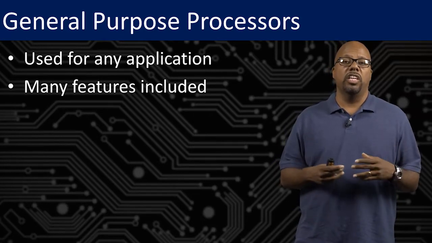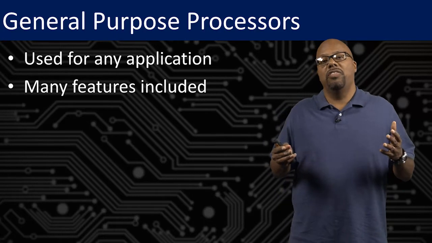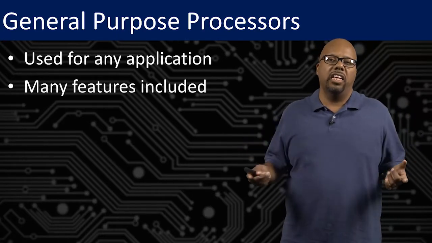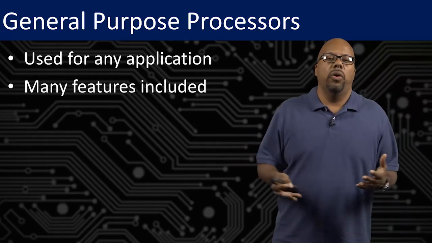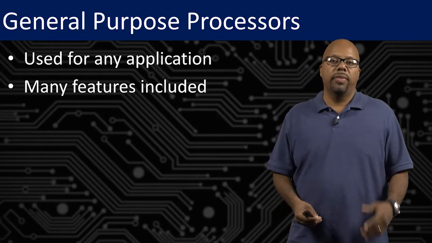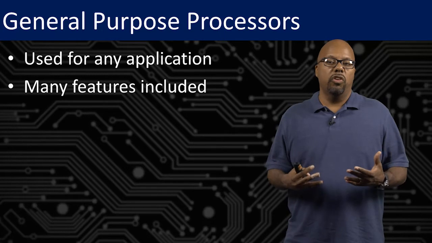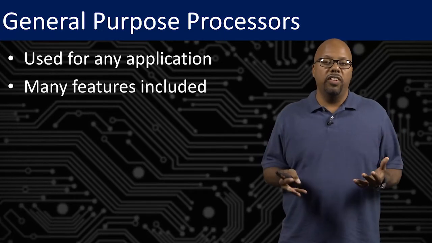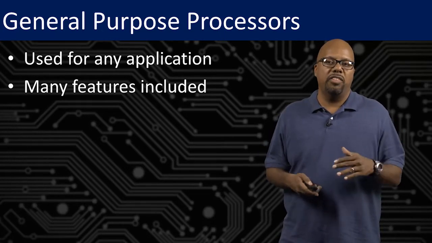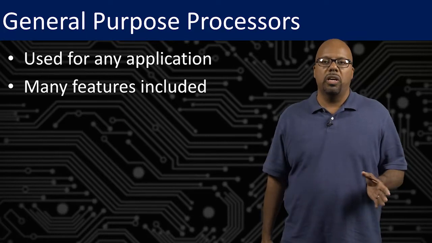They have many features that you probably don't even need, but they can handle anything. Any particular task, they can do adequately. But they tend to be more expensive because they're over-designed, over-engineered, and they have many features that maybe you don't need, but they have them just in case. So that's a general purpose processor.